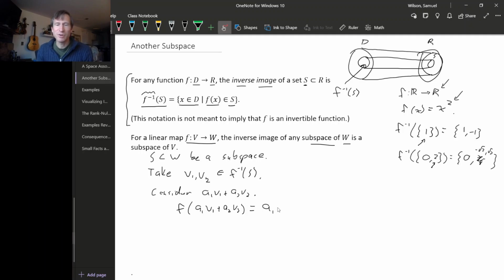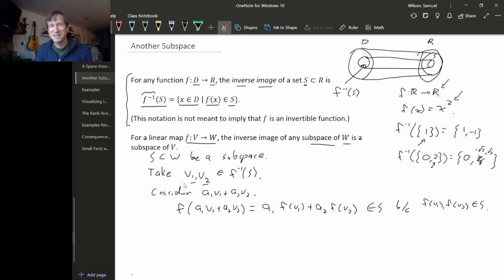So this is equal to a1 f of v1 plus a2 f of v2. But this has to be in S. This is in S because of 2 things. First of all, f of v1 and f of v2 are in S, and this is because v1 and v2 are in the inverse image of S.